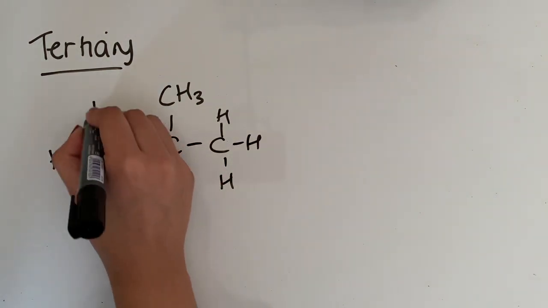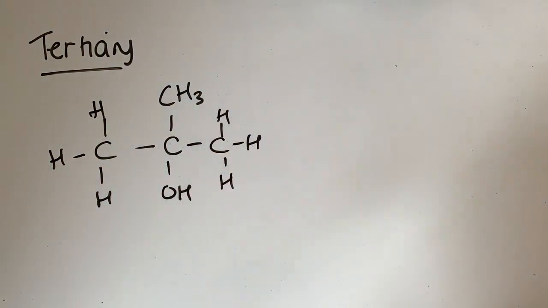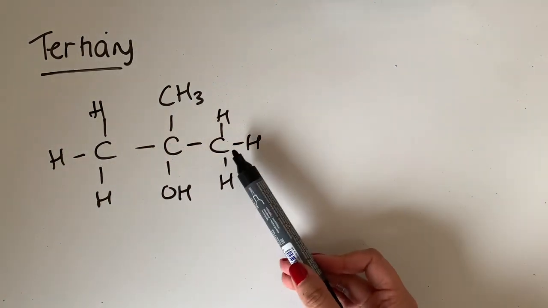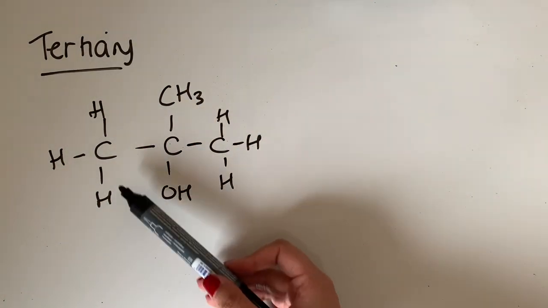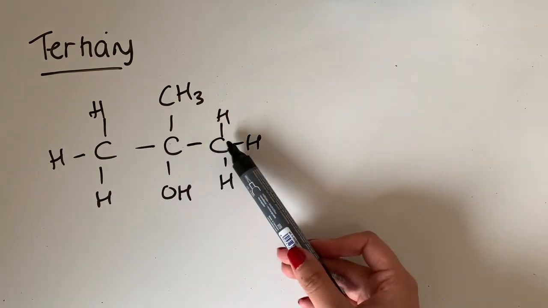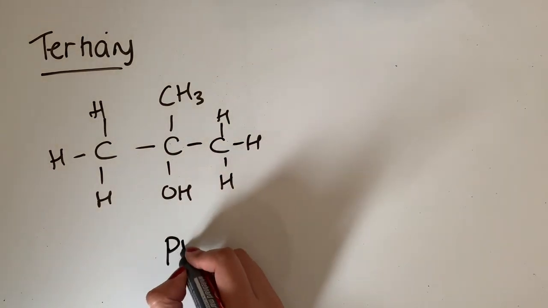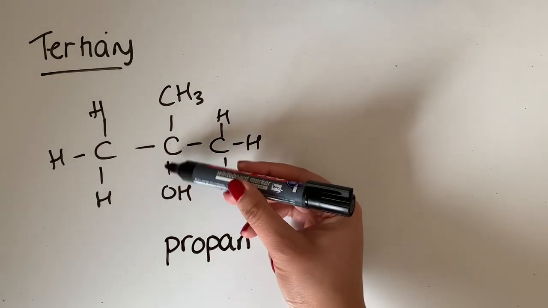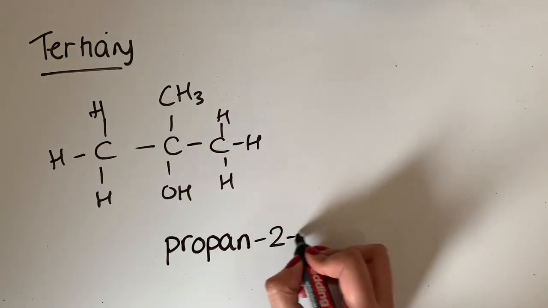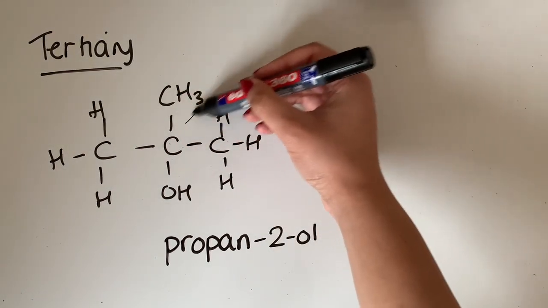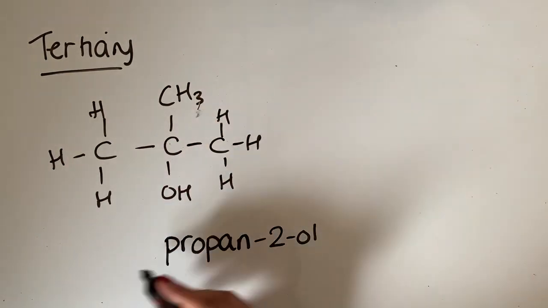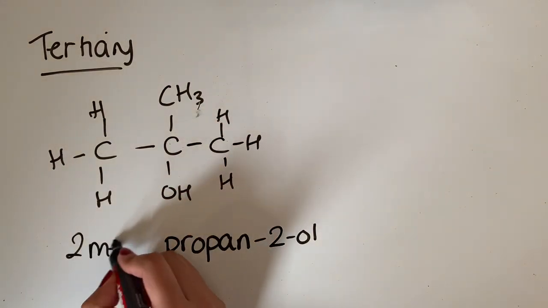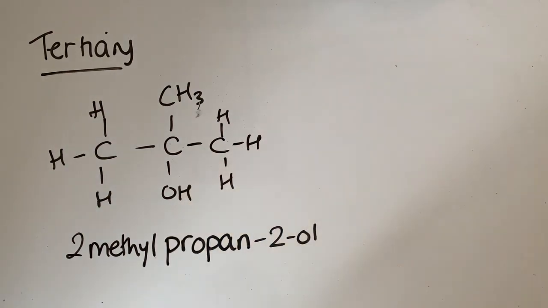In terms of its name, the longest carbon chain is going technically across, or you could go that way, but either way it's going to be the same. 1, 2, 3, so this is propan. The alcohol is coming off of carbon 2, so it's propan-2-ol. But we've also got a methyl group coming off of carbon 2, so this is called 2-methylpropan-2-ol.